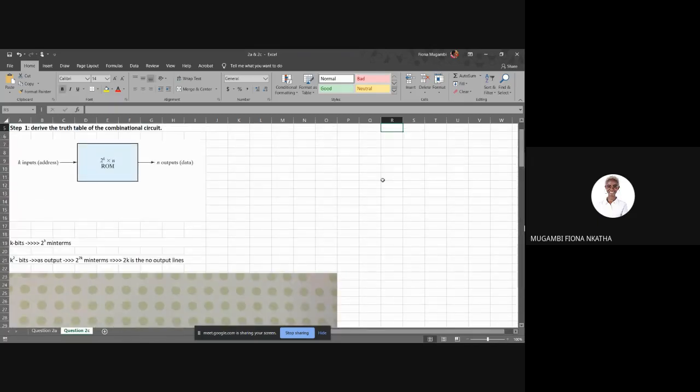Okay, I'm saying if we have k bits, it means the number of possible min terms is 2 to the power k. So if we have k squared bits, it means the number of possible min terms is 2 to the power of k, and that k is being squared.